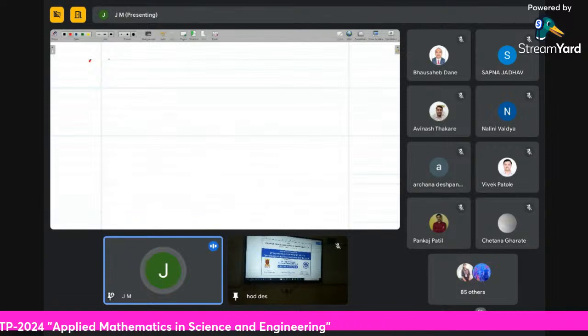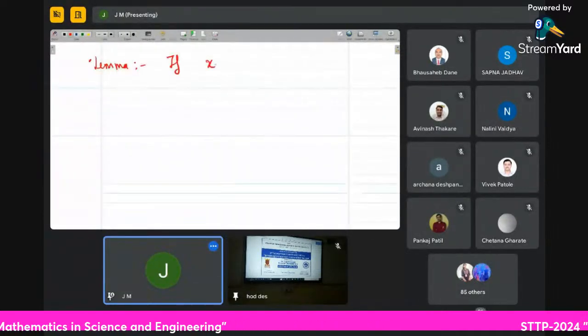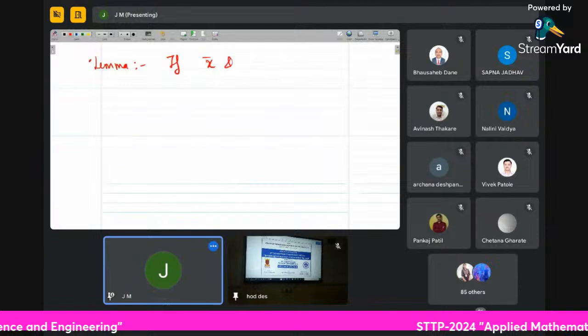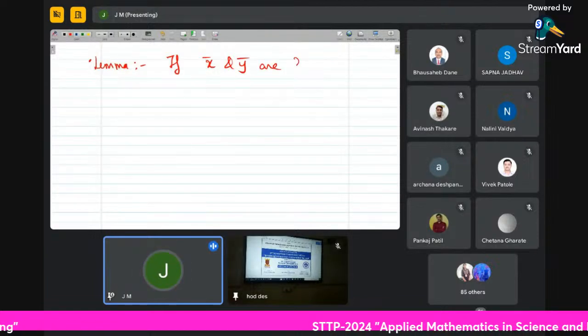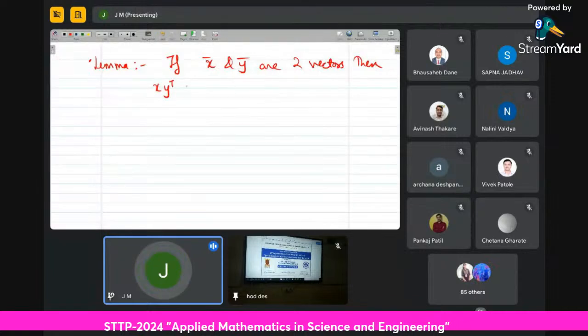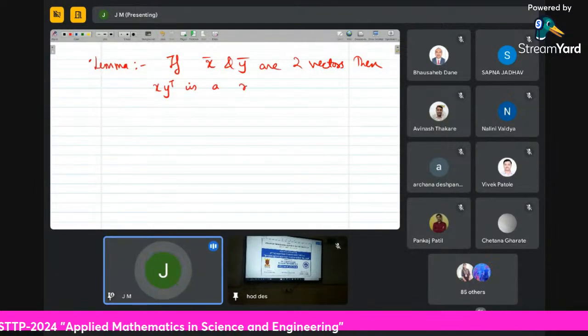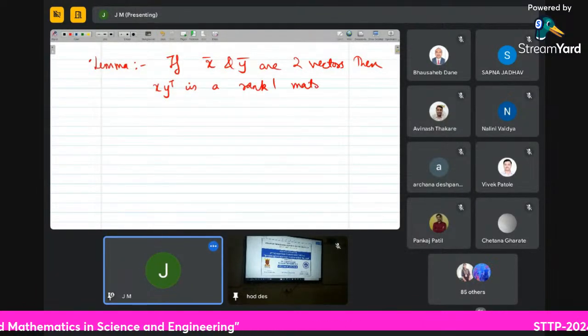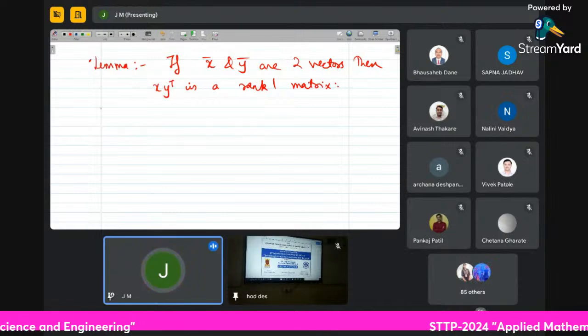Lemma: if x and y are non-zero vectors, then x y transpose is a rank 1 matrix. Okay, very easy proof.